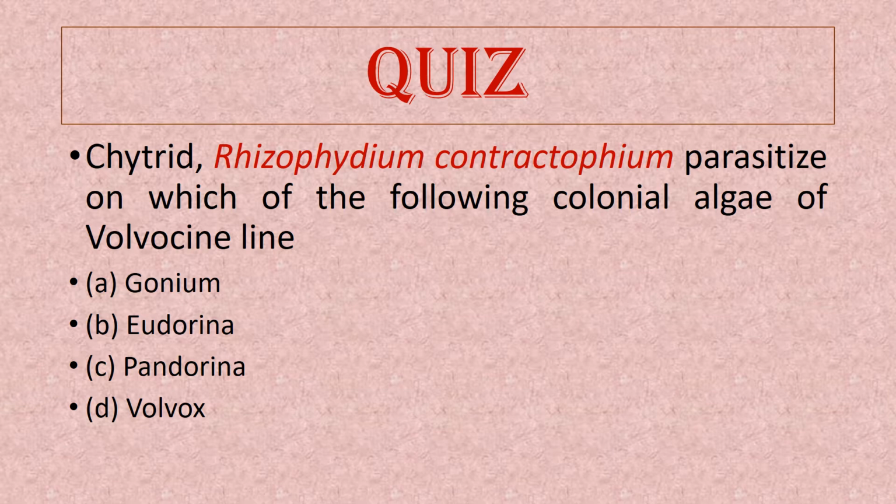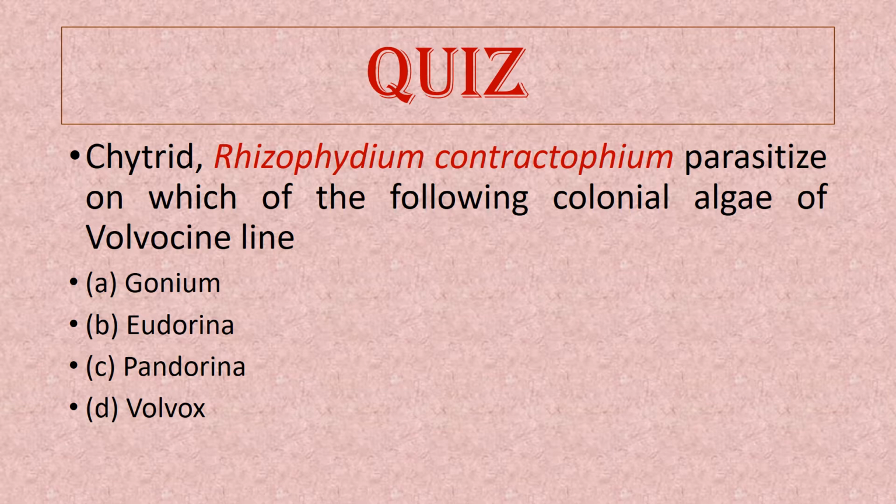Before I start the video, there is a quiz for you. Chytrids, we know, are parasitic fungi, and this parasitic fungus, Rhizophidium contractophyllum, parasitizes on many organisms, especially algae and even animals, and they can also live as saprobes on organic debris, acting as decomposers.